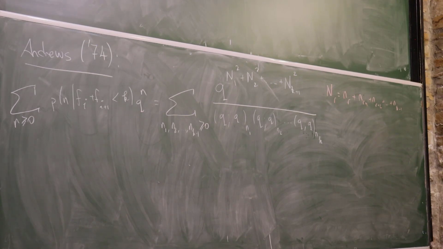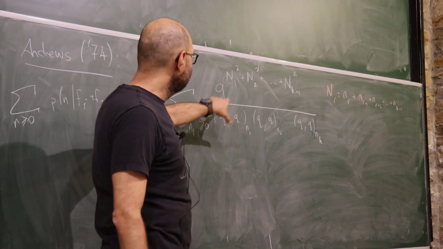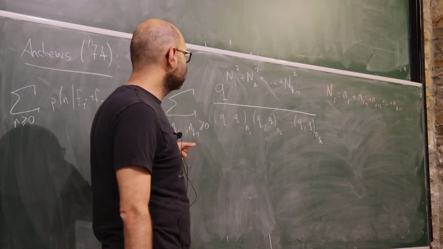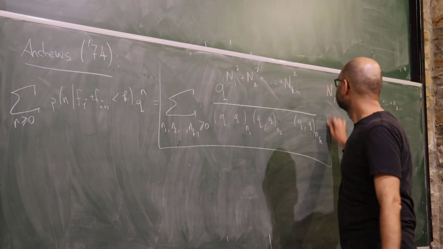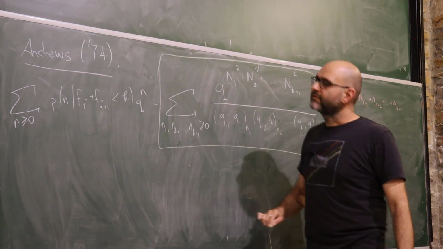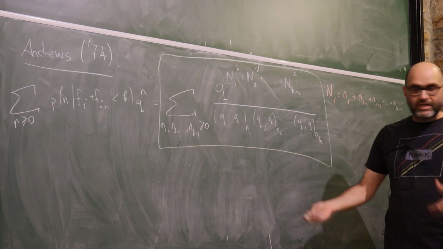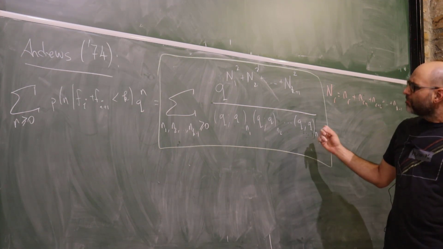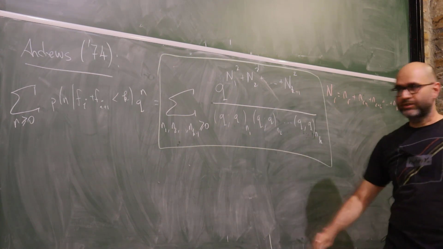So this form of series where you have a monomial on top and bunch of q factorials downstairs, this is called an Andrews-Gordon type series. Of course, later people loosen the conditions. I'll tell you what loosening the conditions means later. But for now, for us, this is the Andrews-Gordon type series.